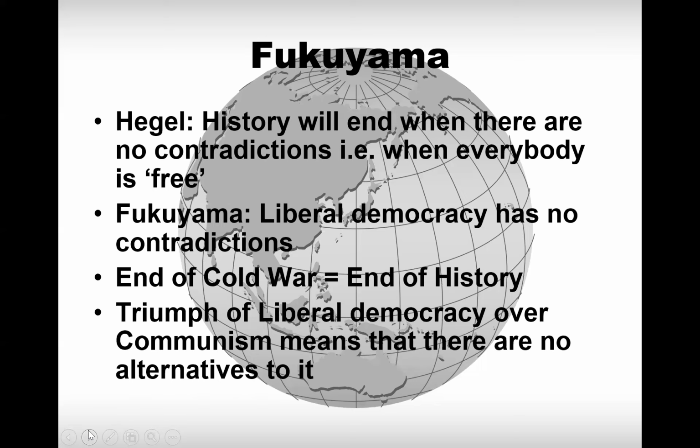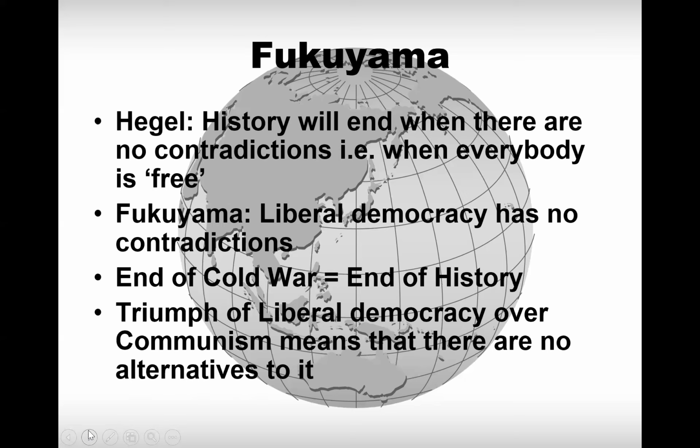So he regarded liberal democracy here as a triumph. Communism did not collapse. It was defeated by liberal democracy because people who lived within Eastern Europe and the Soviet Union believed that liberty was a universal value. They preferred liberal democracy to Soviet communism.